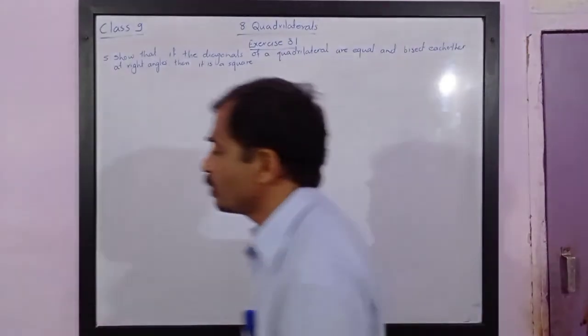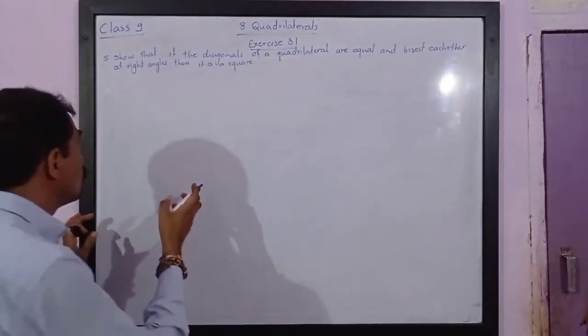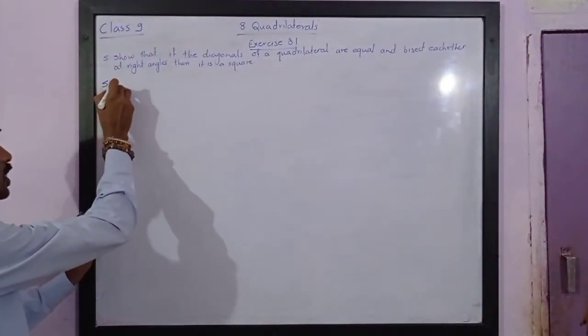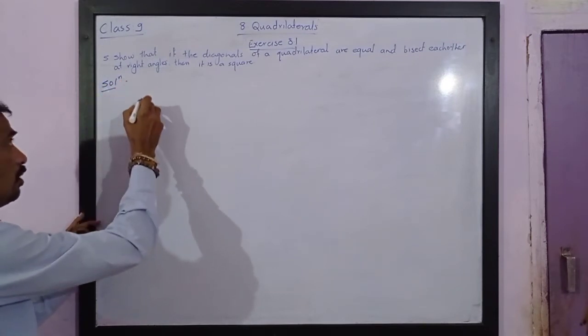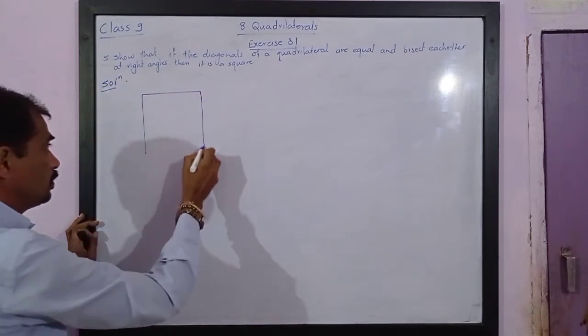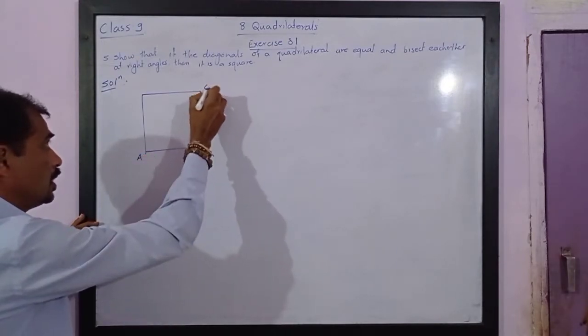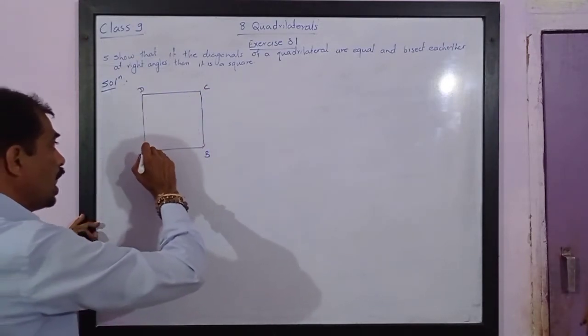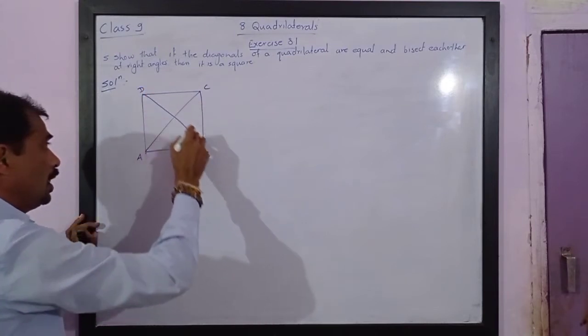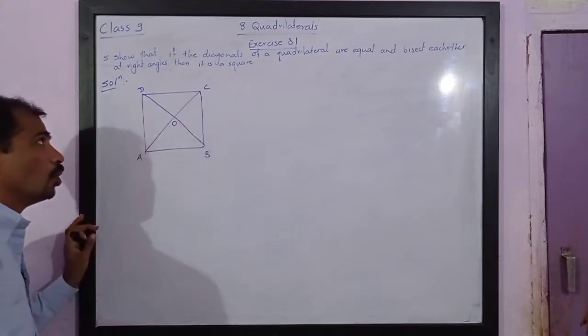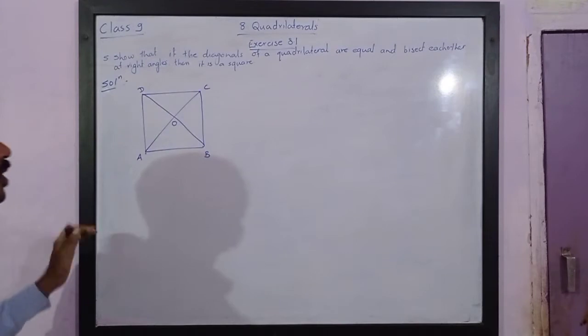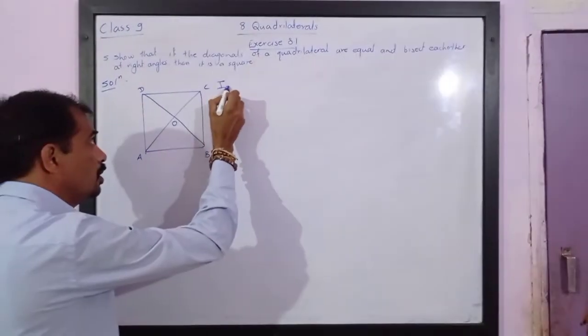Let us check whether it is possible or not. So let us write whatever is given. We are given a quadrilateral ABCD, and diagonals AC and BD are intersecting at point O. This is given to us.